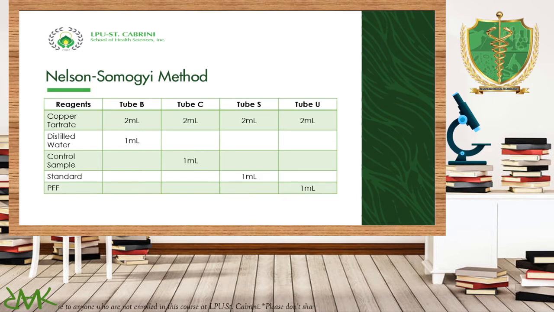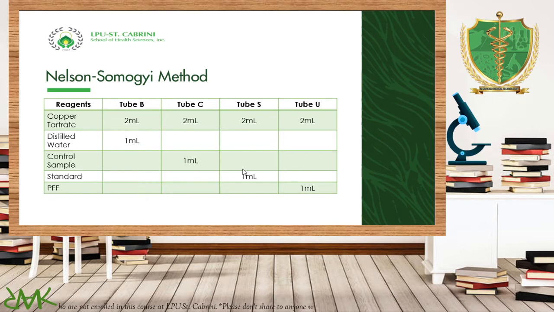Now, after adding 2 ml of our copper tartrate reagent, and 1 ml each of distilled water as a blank, sample, control and standard. I am sure at this point in time you know what is the difference between sample, control and standard.